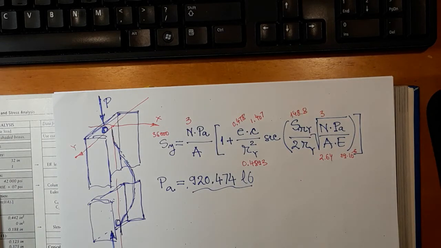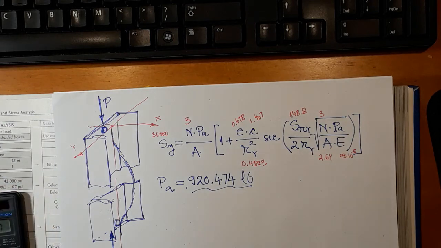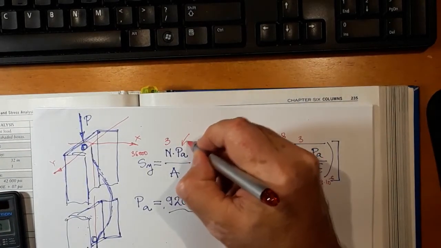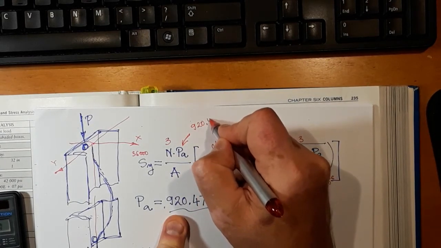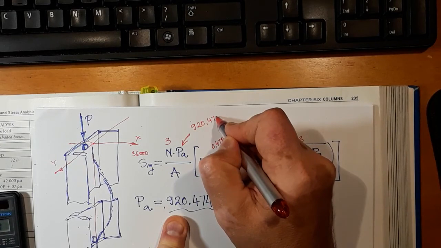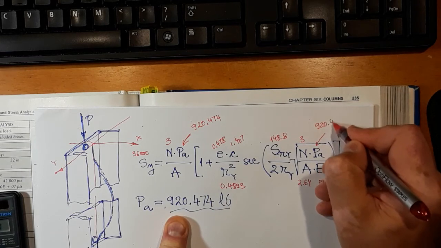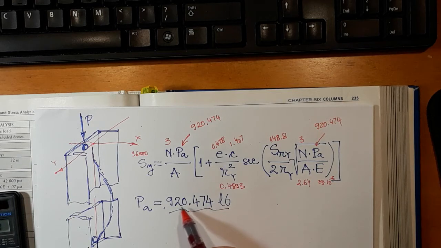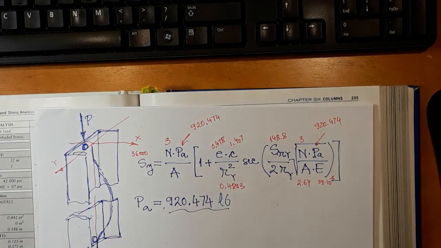What we can do, of course, is verify. I used Excel, and so again we have 920.474 pounds. By making it 920.475, it goes slightly over 36 ksi.